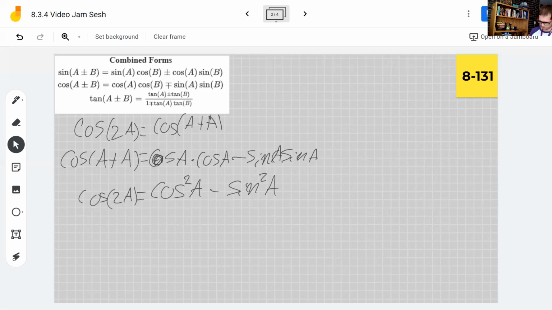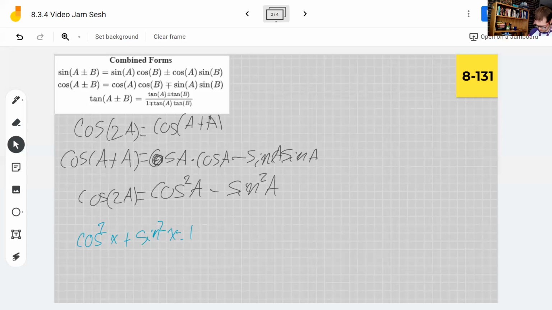But there's two other ways we could mess with this. Speaking of the Pythagorean identity, which is cosine squared of x plus sine squared of x equals 1, we could use that to rewrite the cosine double angle identity in two different ways, for a total of 3. It all depends whether we solve for cosine or sine.